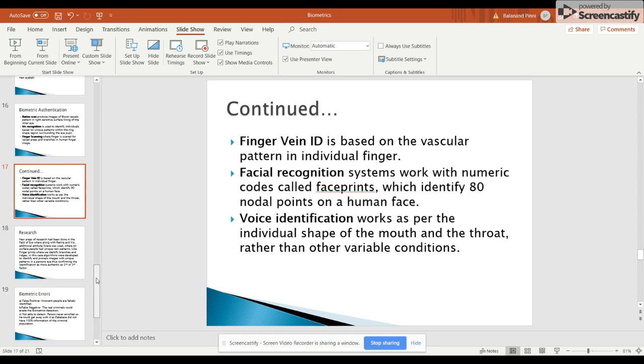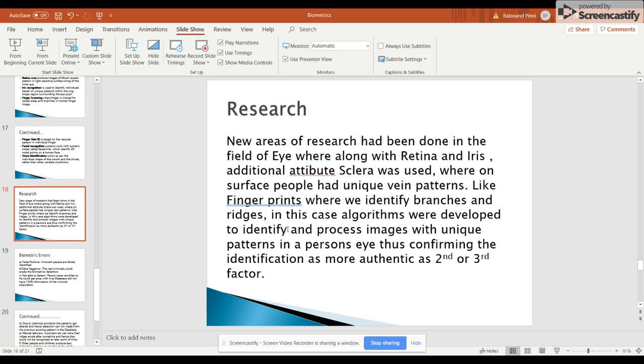Going further, there's a lot of research that has been done in biometrics where they used the sclera. It's the white part of the eye, not the pupil or the retina. So it's a third factor attribute where the blood vessel patterns are recognized, and they write a lot of algorithms to store those patterns within the database, like fingerprints, to identify the branches and the ridges.